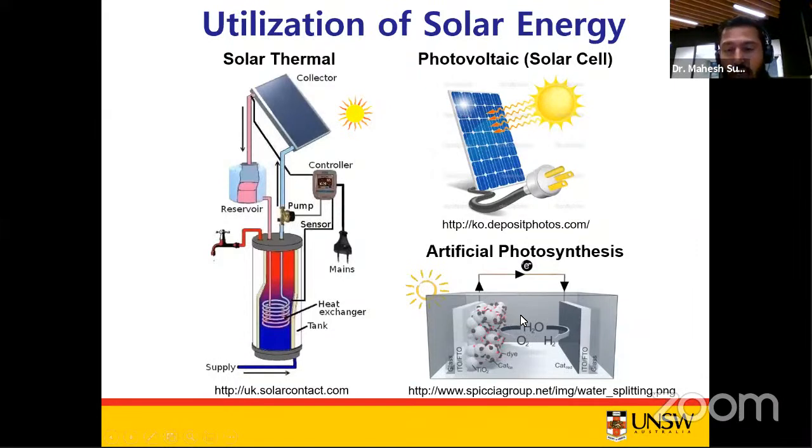Solar or photoelectrochemical water splitting converts water into hydrogen and oxygen, which is a major research topic of artificial photosynthesis these days. In this regard, we are focusing on utilizing sunlight to produce electricity as well as clean H2 fuel using earth abundant copper chalcogenide compounds.